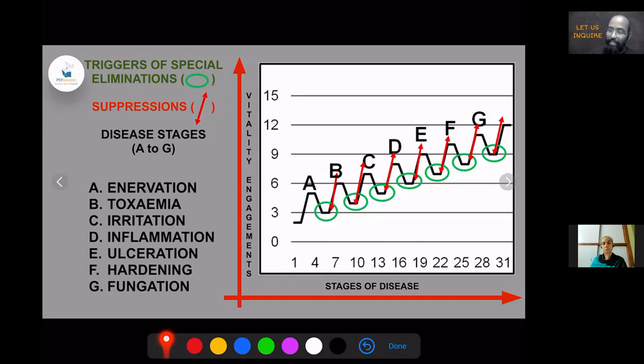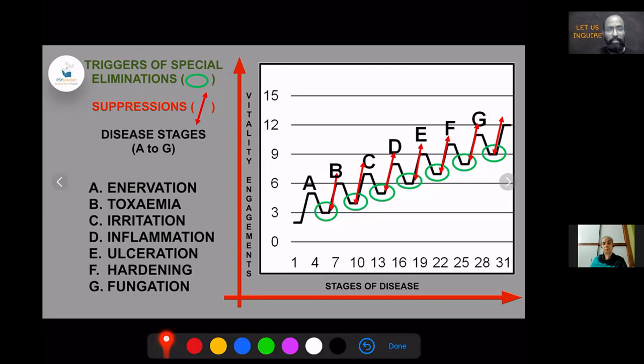So this leads to further chronification, which is inflammation. When the irritation is suppressed further, then the inflammation happens. Inflammation means confinement of toxin in one of the regions of the body, where that part of the body gets swelled up and the toxin gets accumulated there.